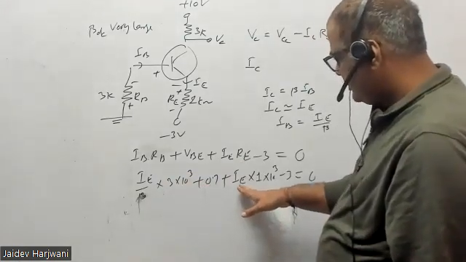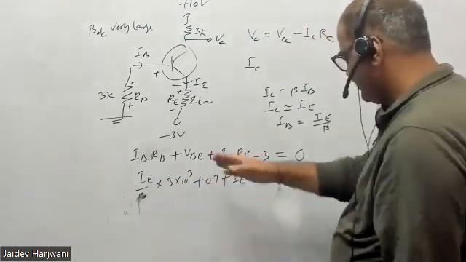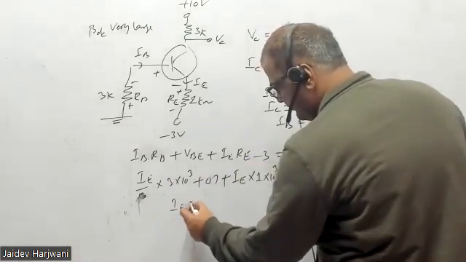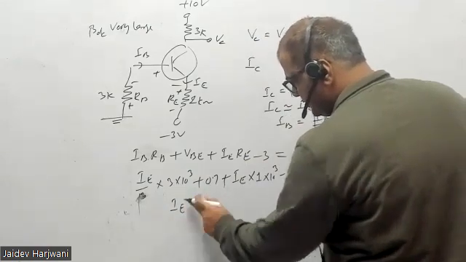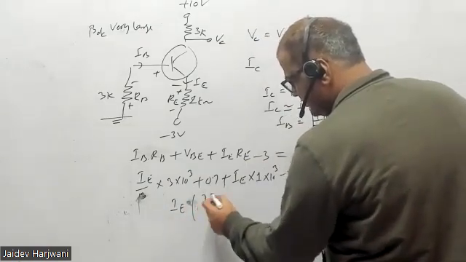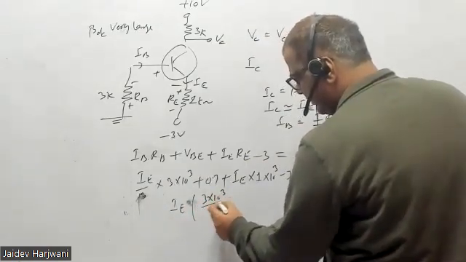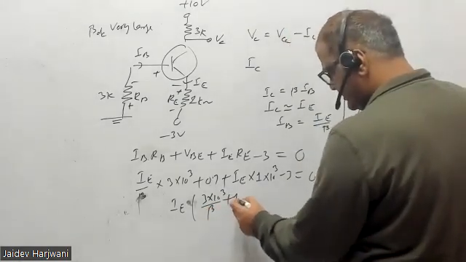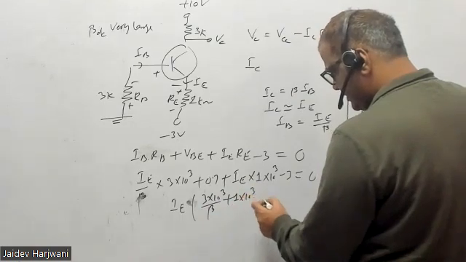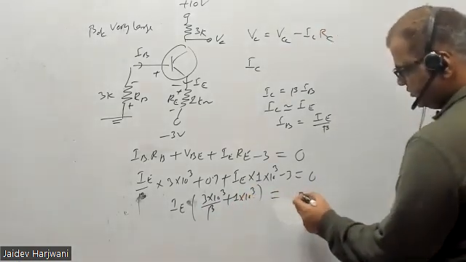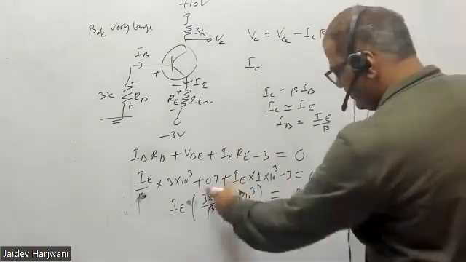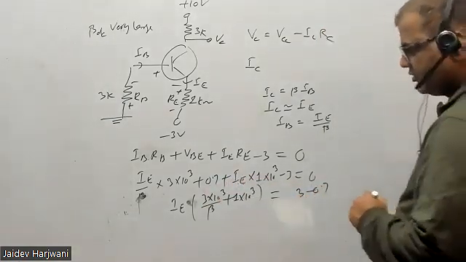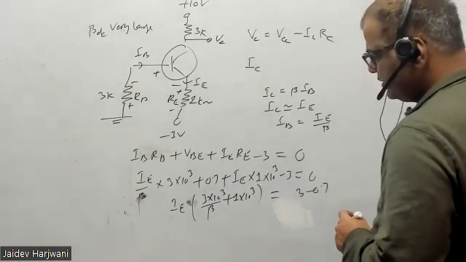If I take IE common, what will come? IE times 3 into 10 to the power 3 upon beta, plus 1 into 10 to the power 3, and this is your plus 3 minus 0.7. Yes or no?